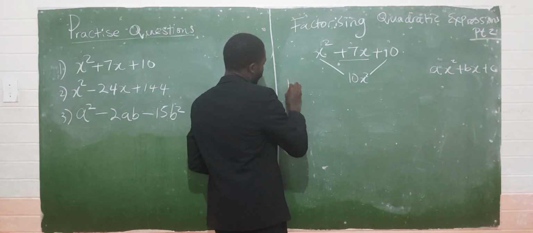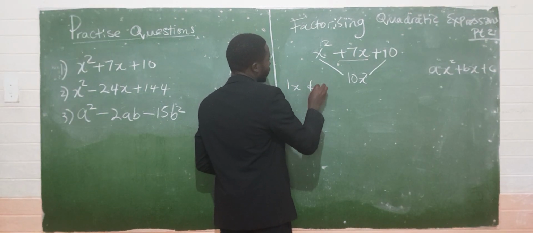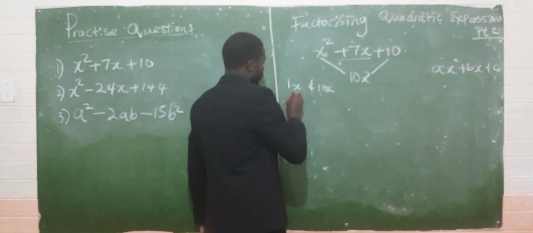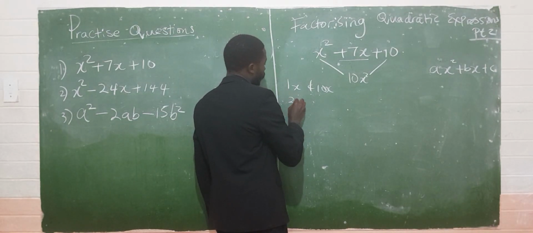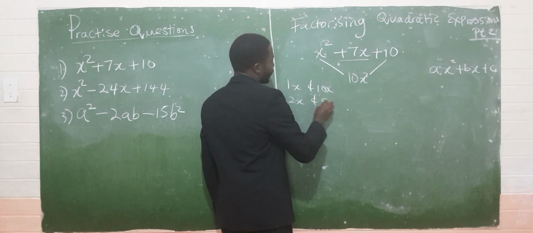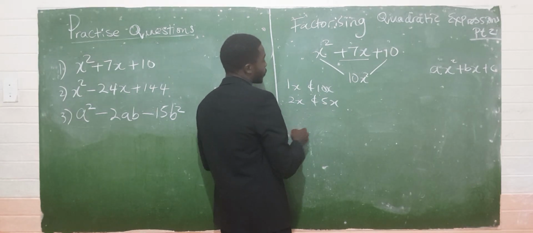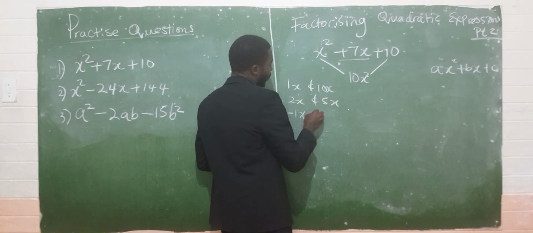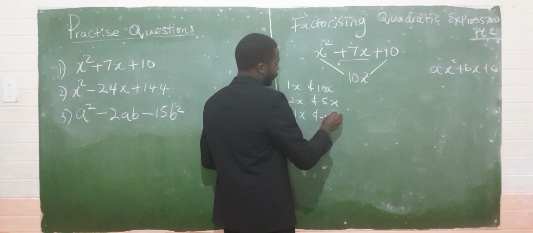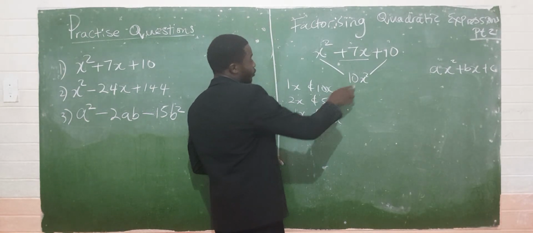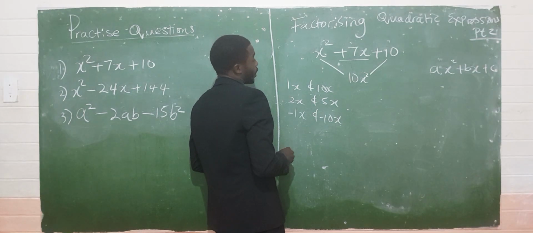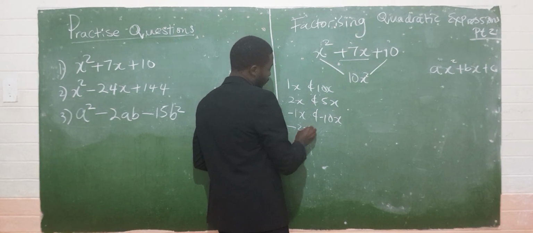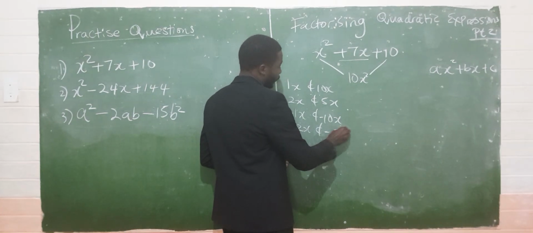Let's list them. We have 1x and 10x, and of course these two multiply to 10x squared. We can also have 2x and 5x. These also multiply to 10x squared, and we have negative 1x and negative 10x. They also multiply to 10x squared, and we also have negative 2x and negative 5x.